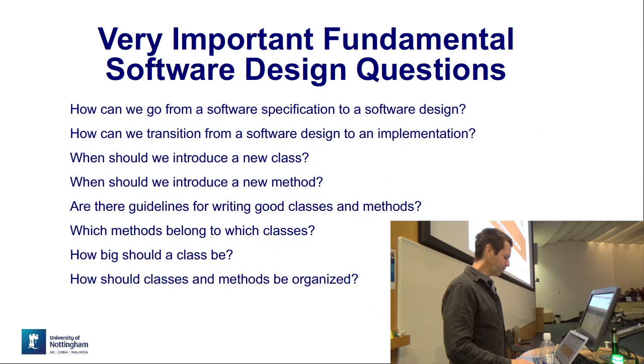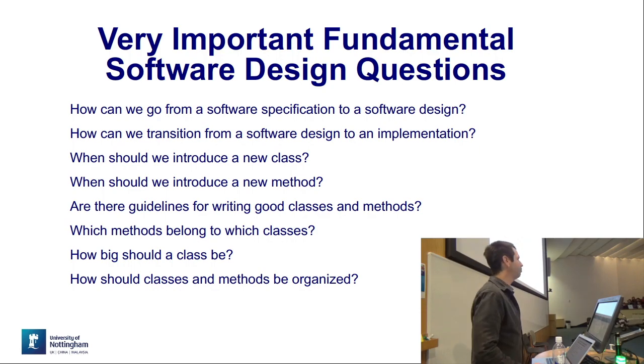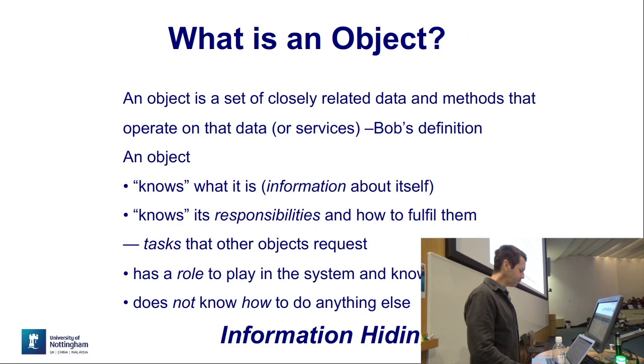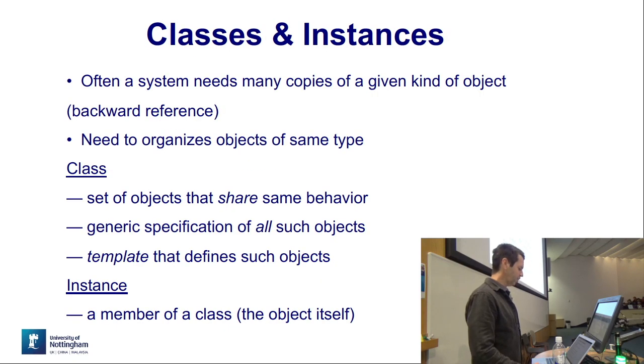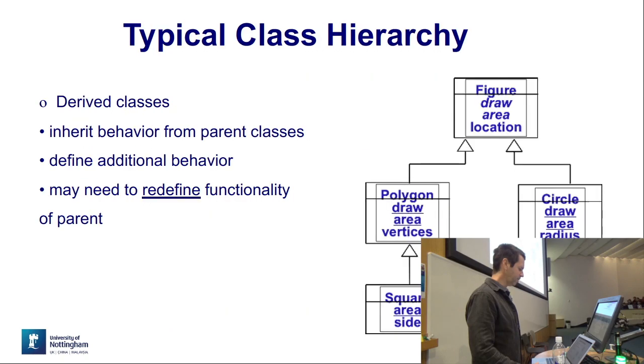Okay, so last time we talked about these very fundamental, important questions. We described what an object is, some terminology. We went into messages, behavior, methods, signature. We talked about classes versus instances. We looked at a typical class hierarchy.